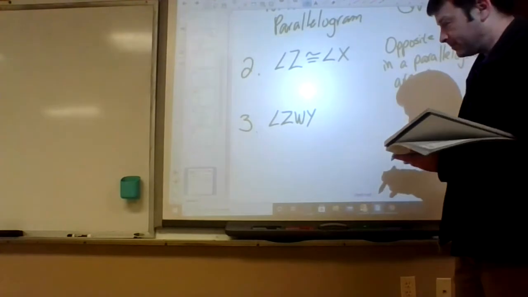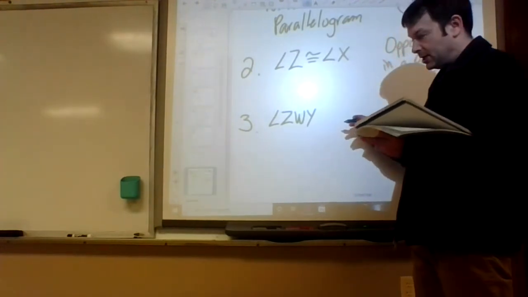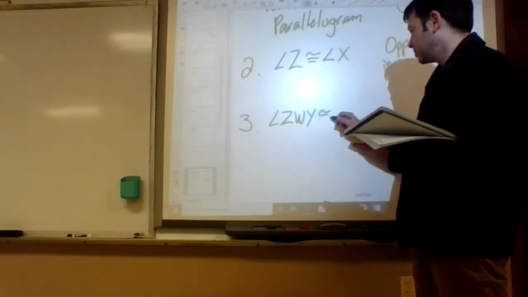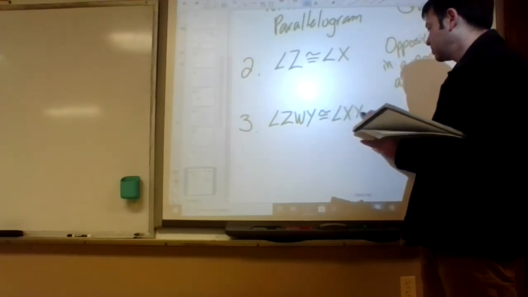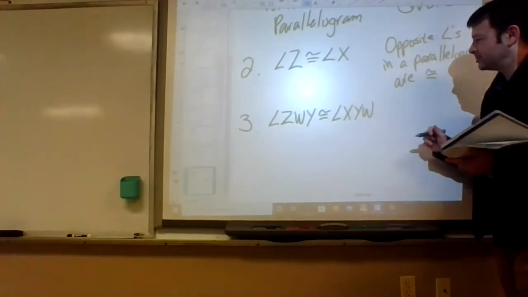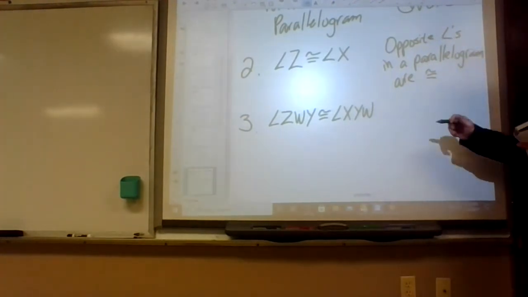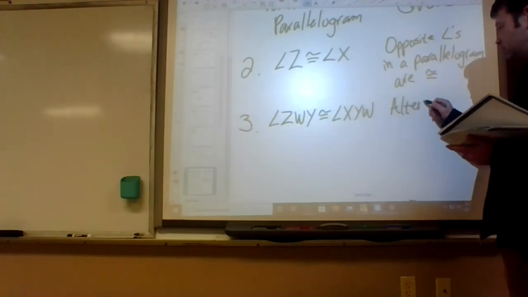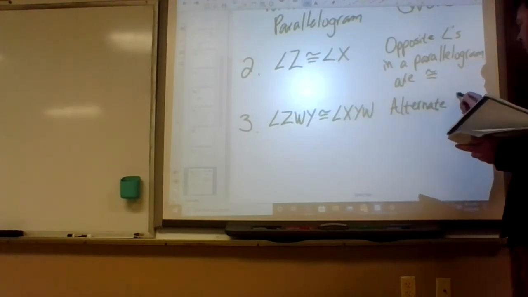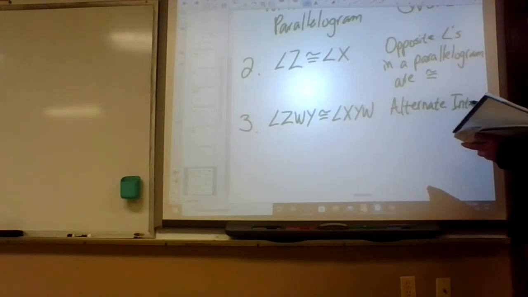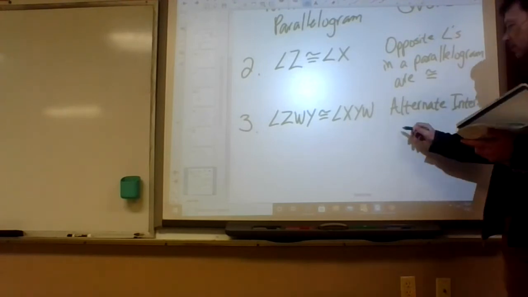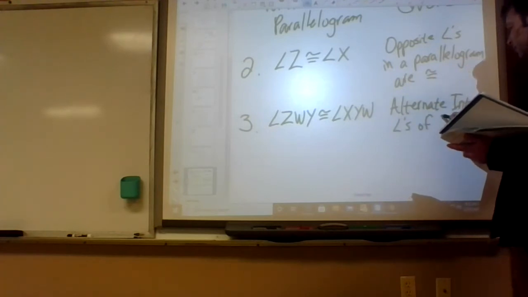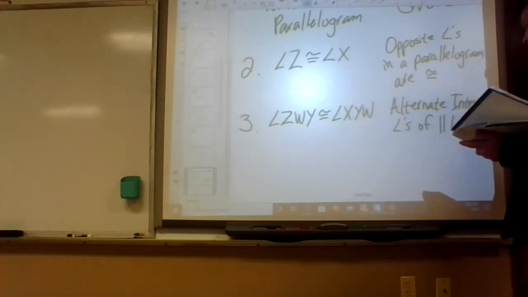Yes, they did. Anyway, I'm skipping that step. ZWY is congruent to XYW. What was the reason? Alternate interior angles of parallel lines.